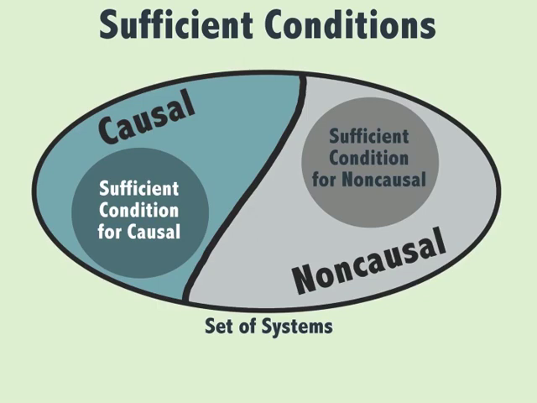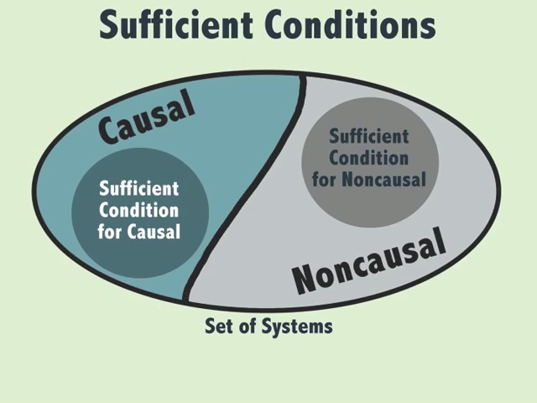And within the set of non-causal systems, there is a group of systems that I can prove to be non-causal by some sufficient conditions. This is what I mean by a set of sufficient conditions for non-causality. It's another tool in the toolbox to help you understand how systems can be categorized.